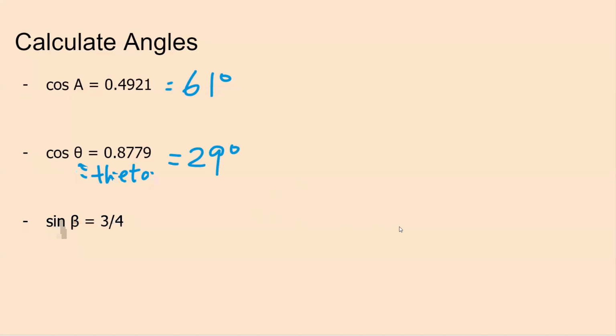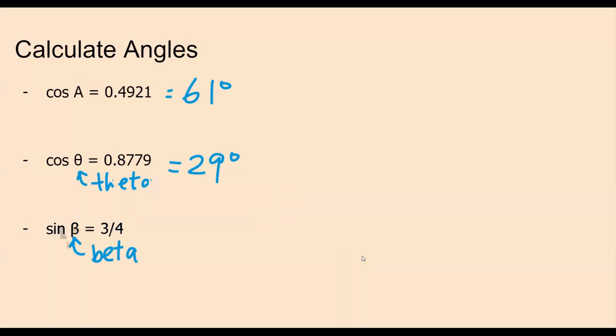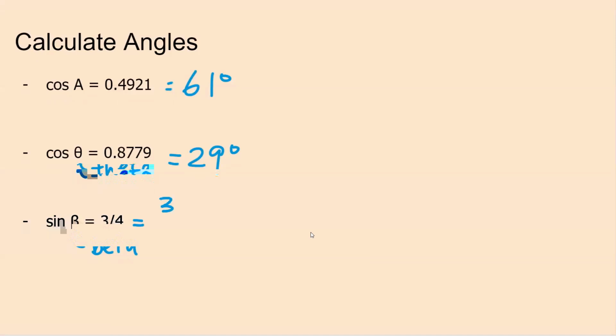And finally, we have the sine of beta. This is beta, another Greek letter. It's pretty famous. You've probably heard of it. We're going to go back to the calculator. Second sine of 3 divided by 4. Since we have a bit of extra learning, let's put this in a ratio that's probably familiar to you.